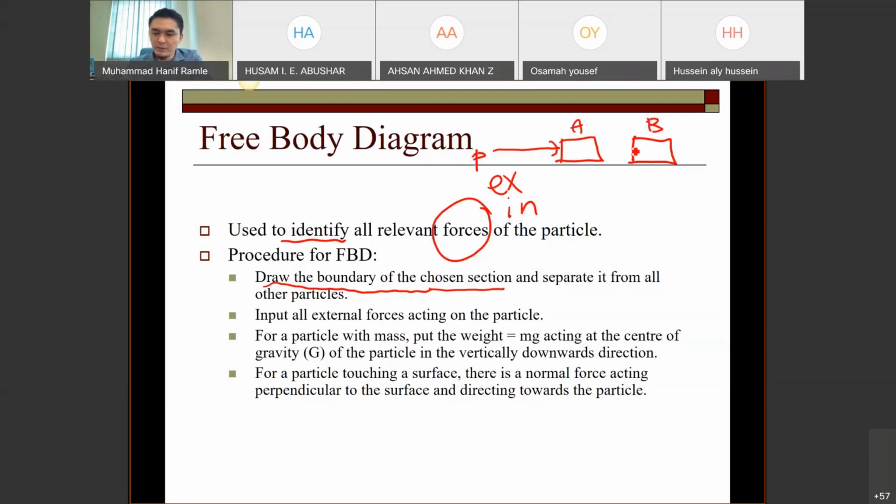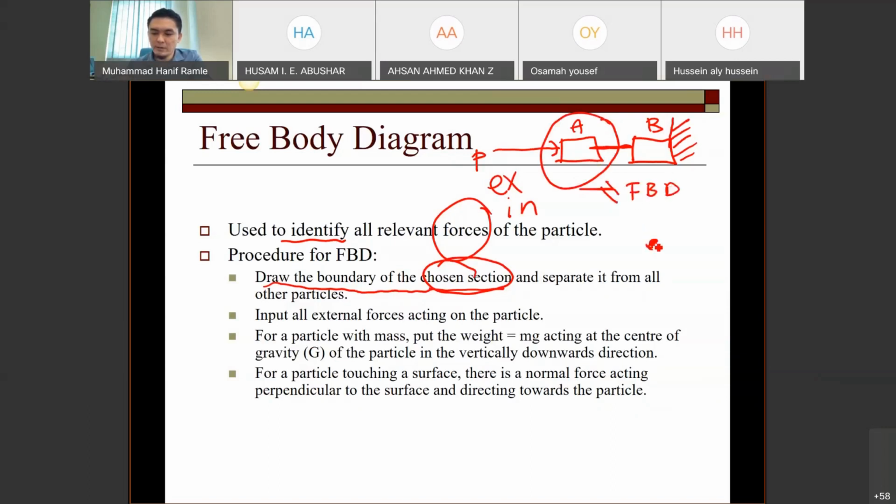It's a cable, for example, and this is maybe a wall. The meaning of drawing the boundary of the chosen section is that you have to choose either one. Let's say the problem asks you to draw A. So you have to draw a particle for A. So the FBD for A should be like this.